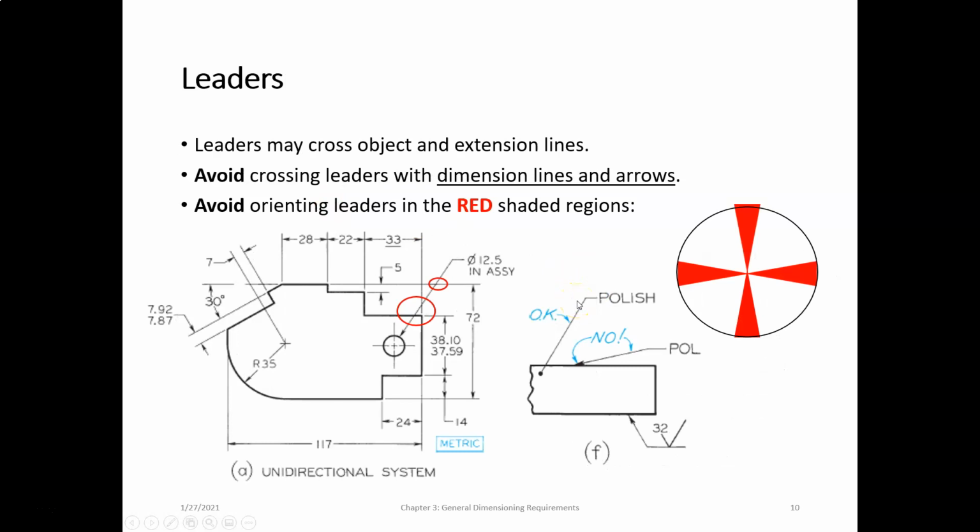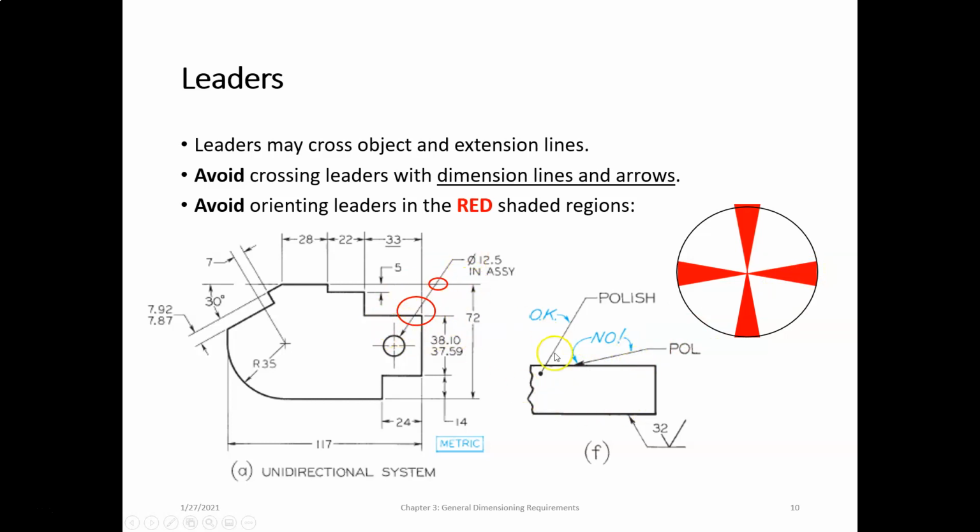Okay, so leaders. How do we apply leaders? Generally, we want to apply leaders at an angle in the white area here. We want to avoid leaders at an angle in the red area here. You can see this example right here. This is not good. The angle that the leader is at lies in this red zone, and so we don't want that.